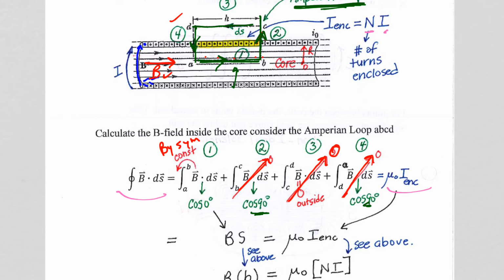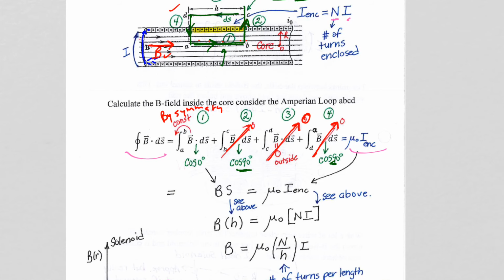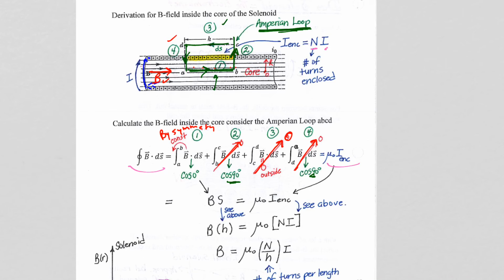We get the integral of ds is s. Now notice s is just whatever length h we took our Amperian loop to be, so it's an arbitrary variable at this point. So let's just leave it as an h.